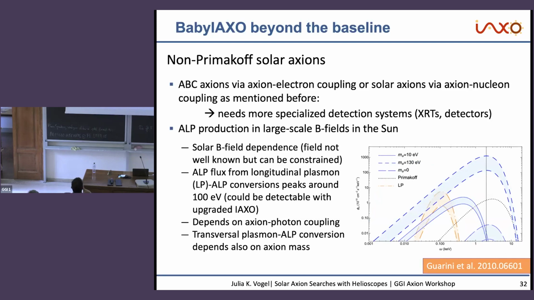So this could be detectable with IAXO, given we have that sensitivity down to 100 eV. For the transversal plasmon-ALP conversions, in addition to the dependence on the coupling, we also get a mass dependence, but potentially IAXO could be sensitive to these as well. The black line here is where CAST was sitting for the energy threshold.